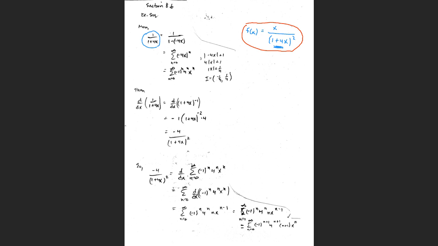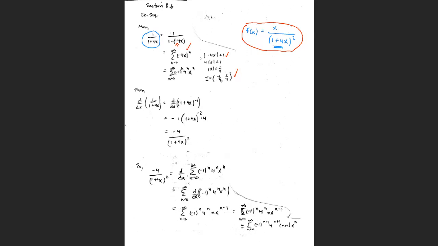So the plus 4x I can write as minus a negative 4x, and then the power series for 1 divided by 1 plus 4x is just the summation n equals 0 to infinity of negative 4x to the nth power, where the absolute value of negative 4x has to be less than 1 for the interval of convergence.